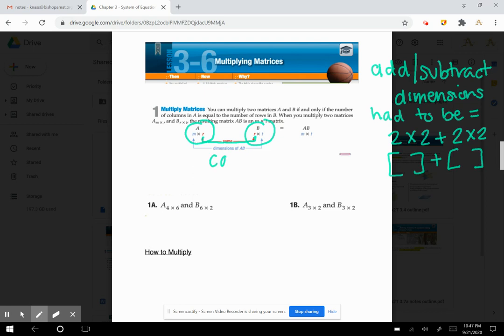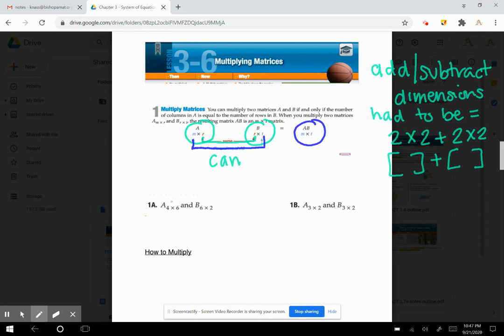What's cool about matrices is that the first number, the rows of the first matrix, and the columns of your second matrix, which are M and T in this case, make up the dimensions of your answer. You'll see this more when we start multiplying.